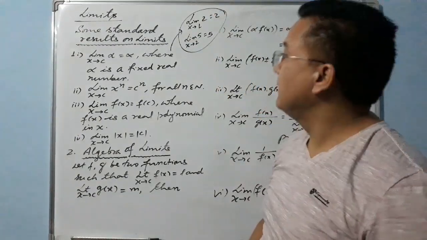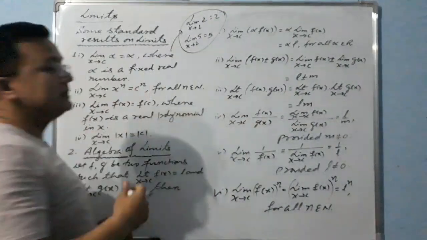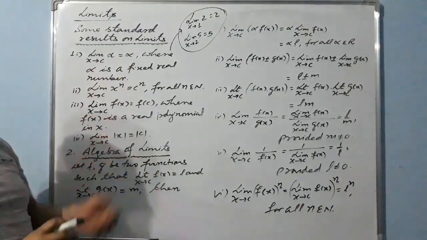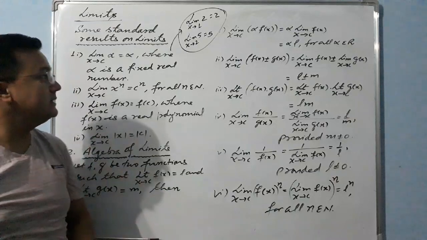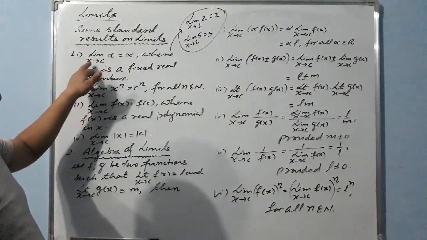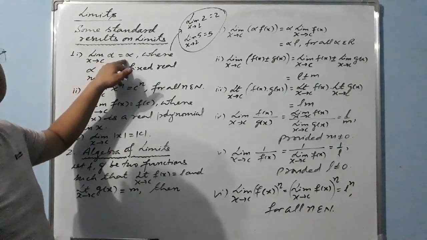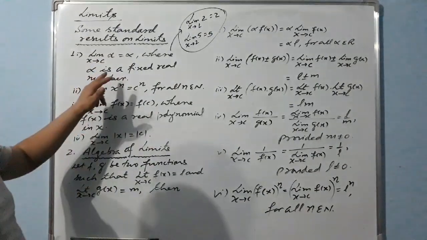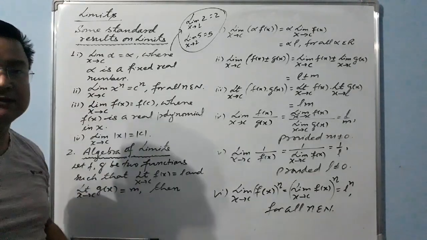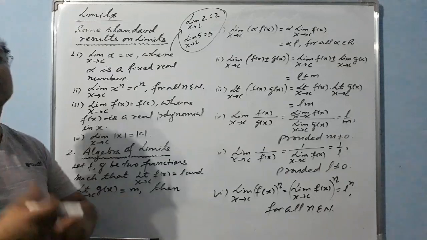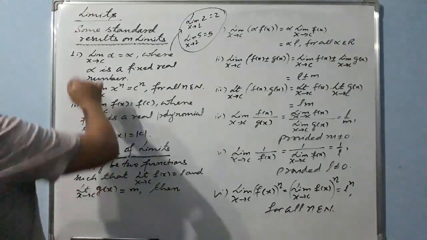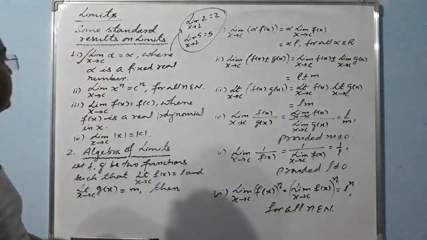From here you can say the limit of a constant as x tends to any constant is that constant. It doesn't matter whatever it may be. Clear? Next one.